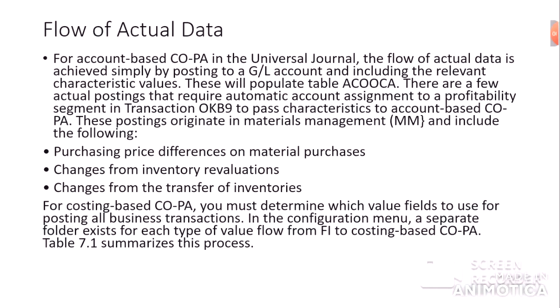There are few actual postings that require automatic account assignment to a profitability segment in transaction OKB9 to pass characteristics to account based COPA. These postings originate in materials management and include the following: purchasing price differences on material purchases, changes from inventory revaluations, changes from the transfer of inventories.